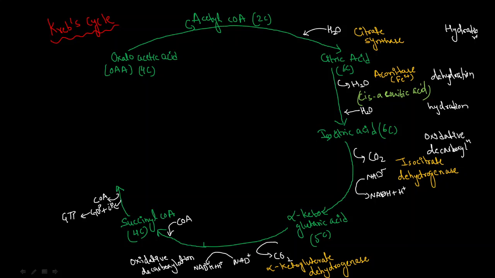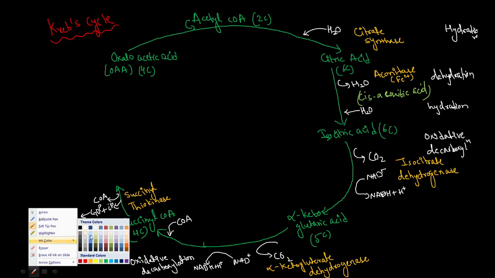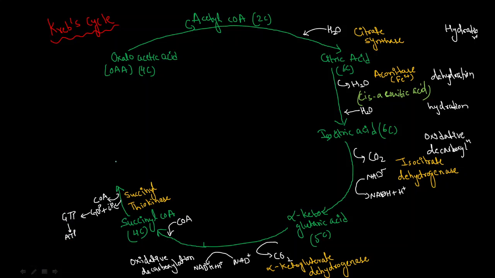This GTP is guanosine triphosphate, which is equivalent to ATP only. Okay, so this is happening in the presence of another enzyme, that is succinyl thiokinase, and ultimately we are going to get a compound named succinic acid.